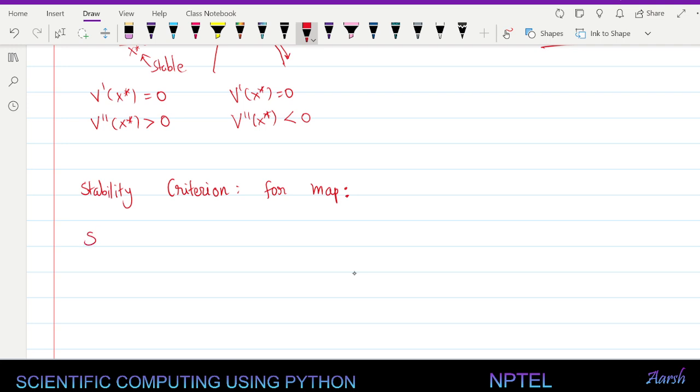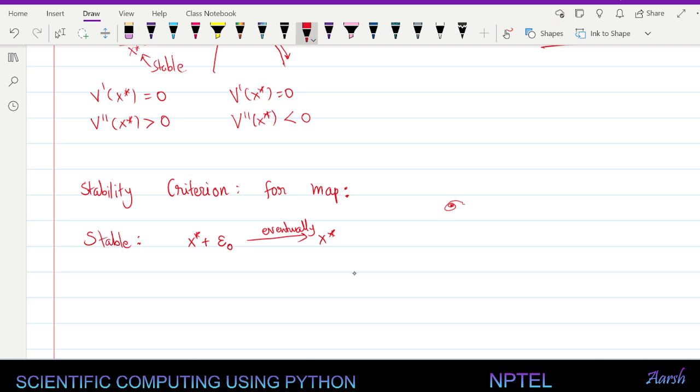Now, what does stable mean? It means that if you start from some x star plus some epsilon 0, then eventually it should go to x star, right? That's the definition. Wherever you start around, it will roam around, but it will eventually find x star.